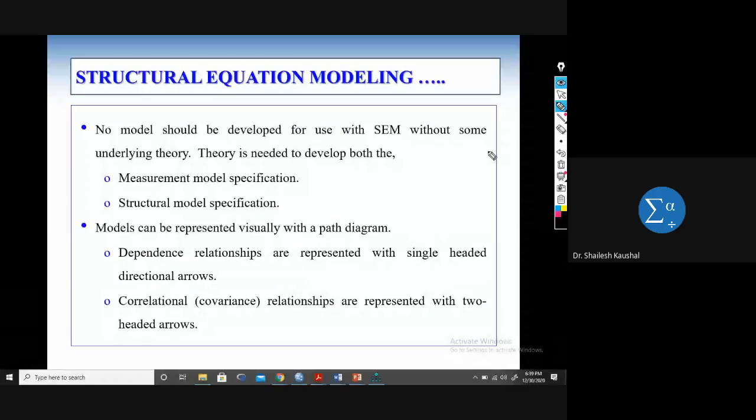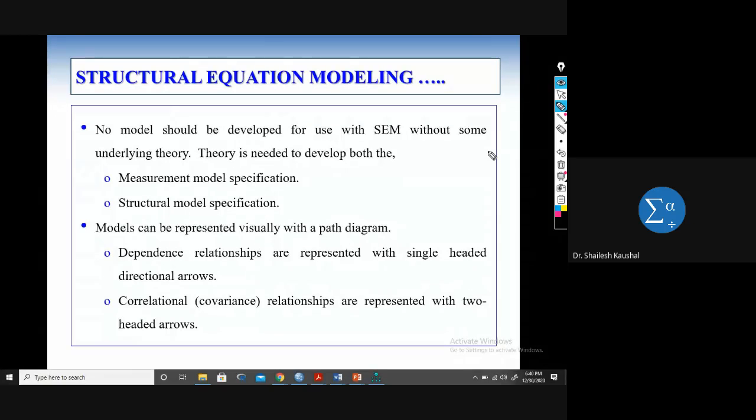Theory is a must. Through the literature review we find the theory we want to explain through structural equation modeling. It should not be that we made the questions first and later want to use structural equation modeling. No. For this we should use the theory.